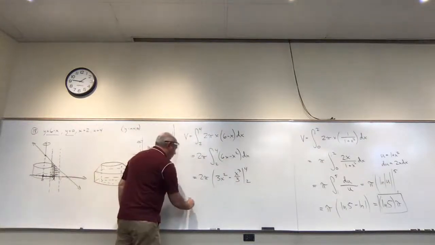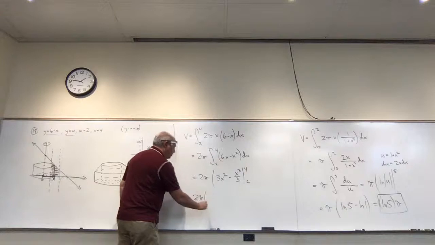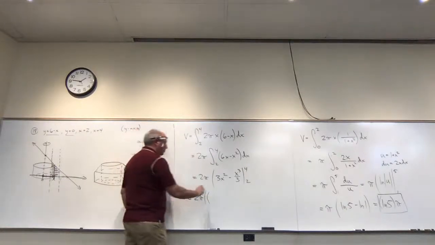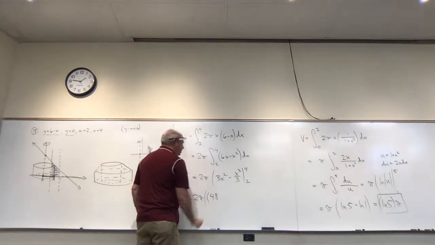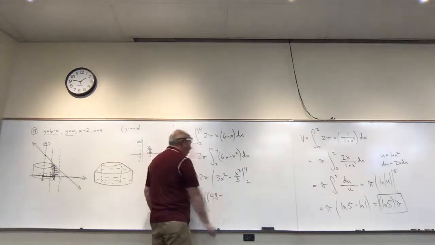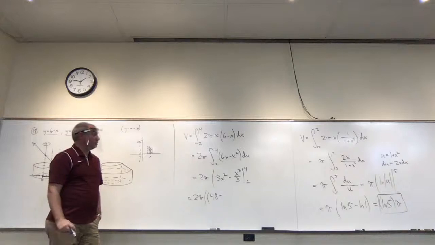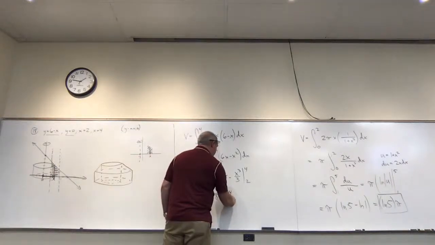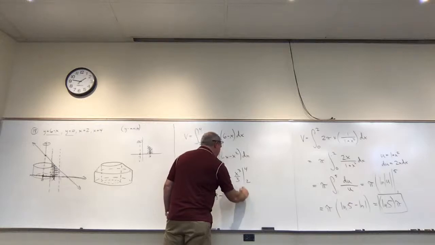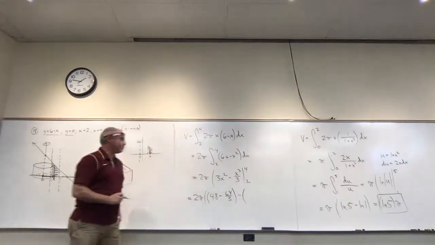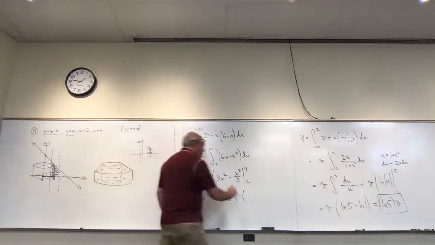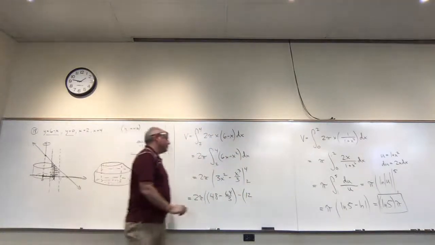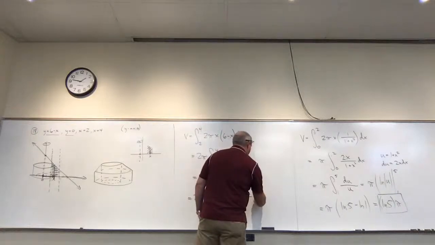So we'll plug it in. 2 pi hangs out. Plug in the 4, and I get 4 squared is 16 times 3, 48, minus, what's 4 cubed? 64, very good. So this is 64 over 3, minus, plugging in 2. 2 squared is 4 times 3 is 12. And then 2 cubed is 8, so minus 8 over 3.